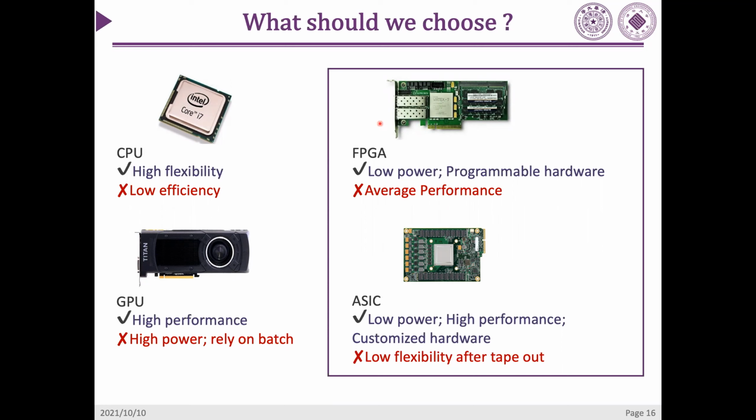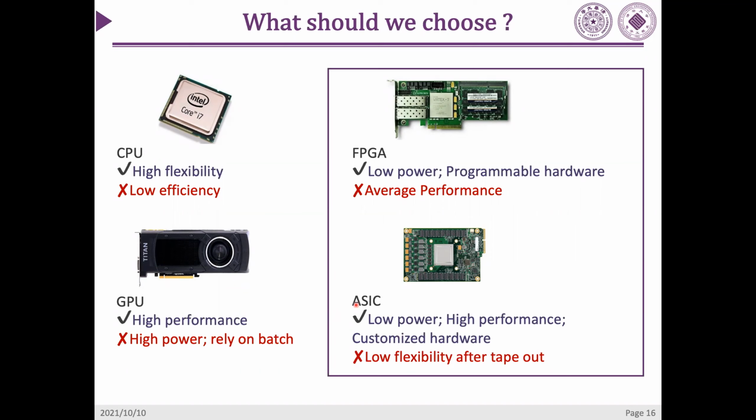But for FPGA, it's a field programmable gate array. It's okay power. We can see low power, but the ASIC is maybe lower power. And it's programmable hardware, but it has an average, or in the middle, performance. It's better than CPU, but it's not as good as GPU, and it's not as good as ASIC.